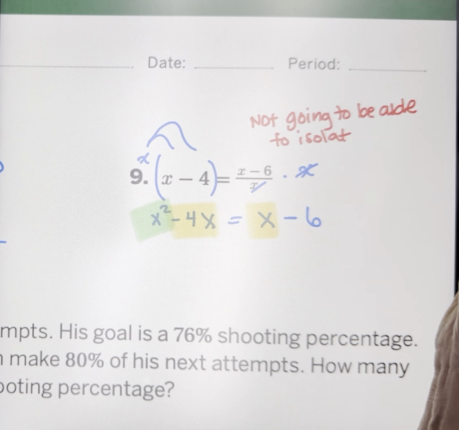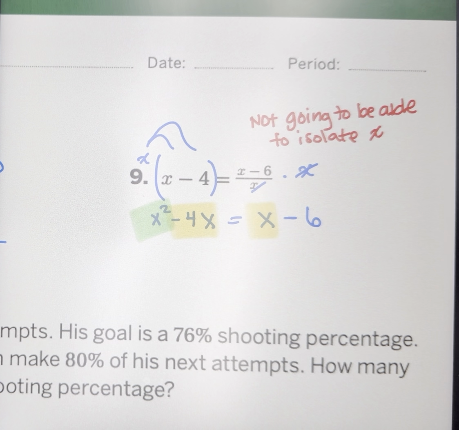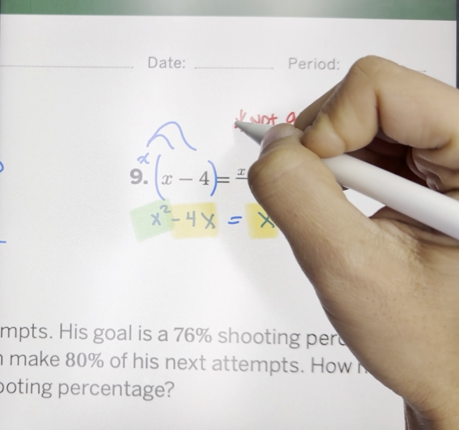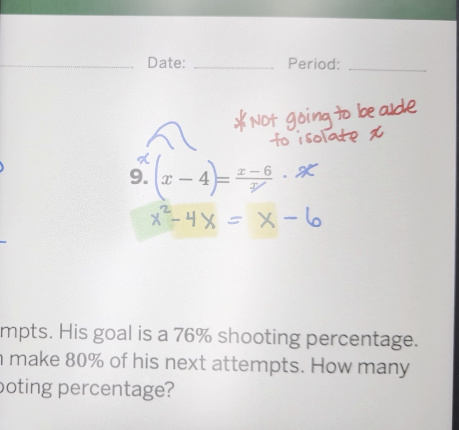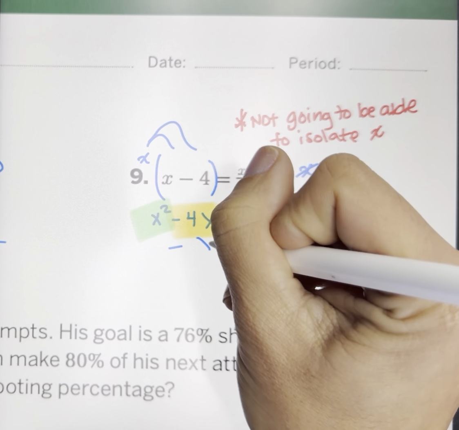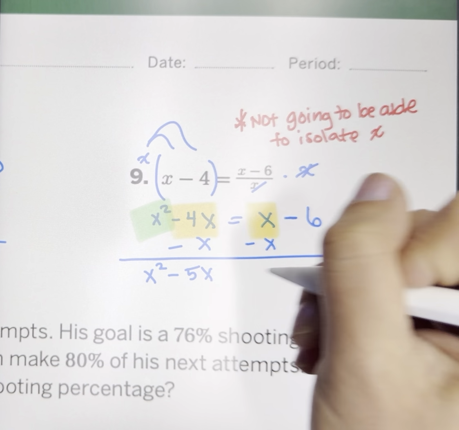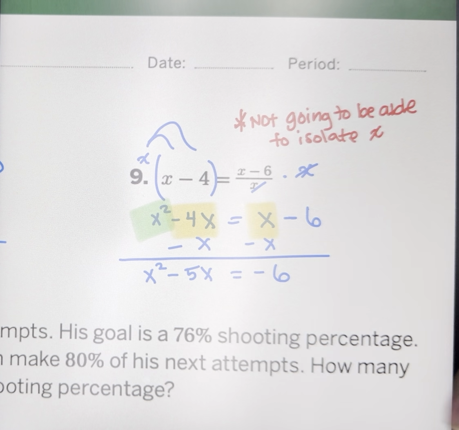Okay, that's not true. You can if you complete the square. But for the purposes of what we're actually going to do, we're not going to isolate x here. We are going to move the x over to get x squared minus 5x equals -6.